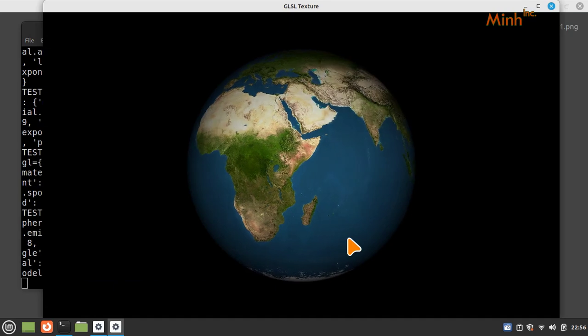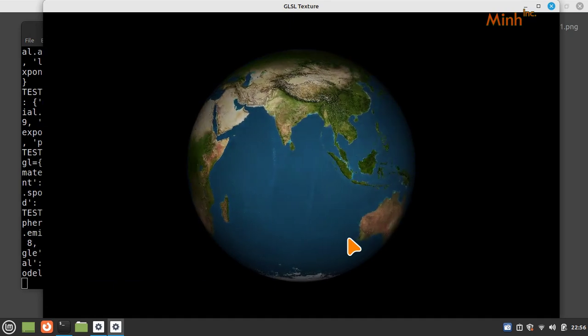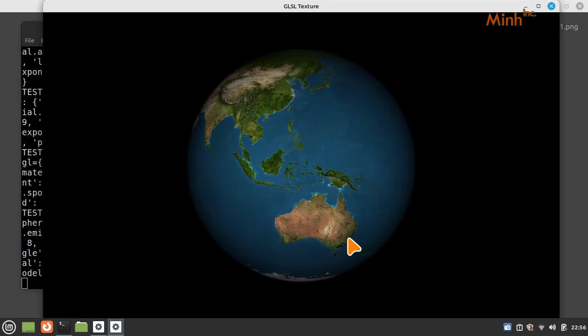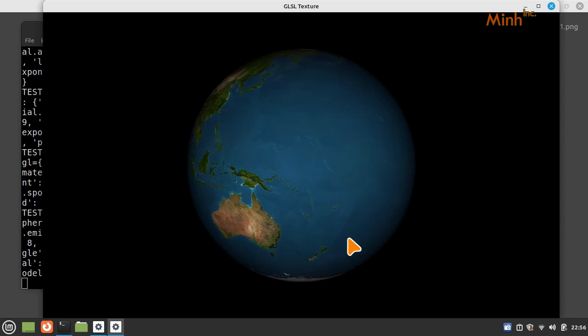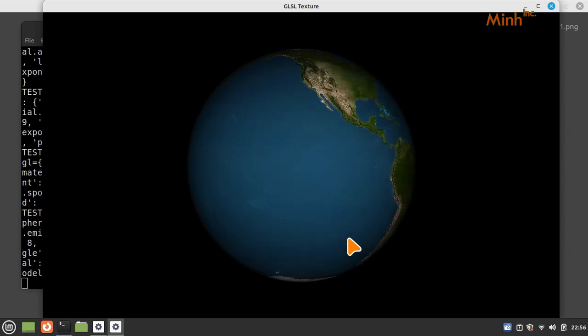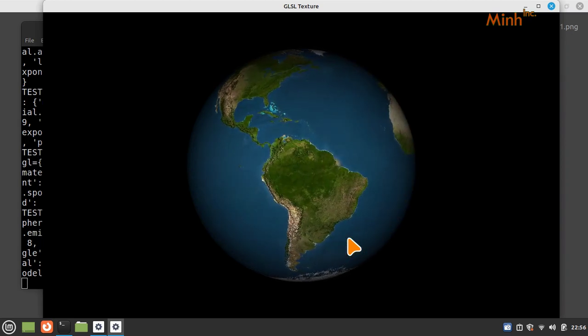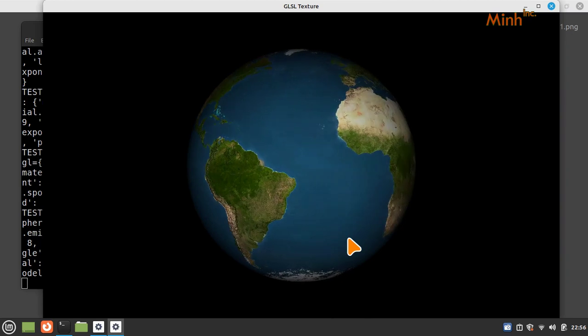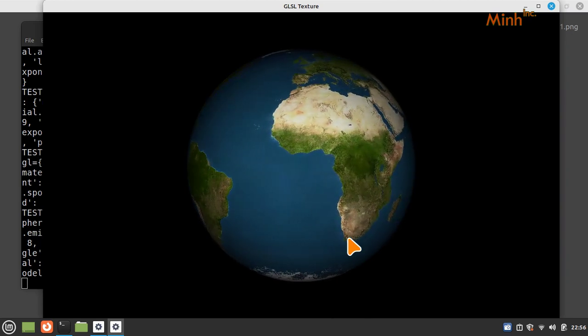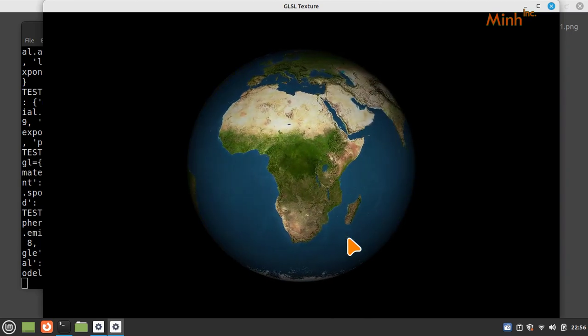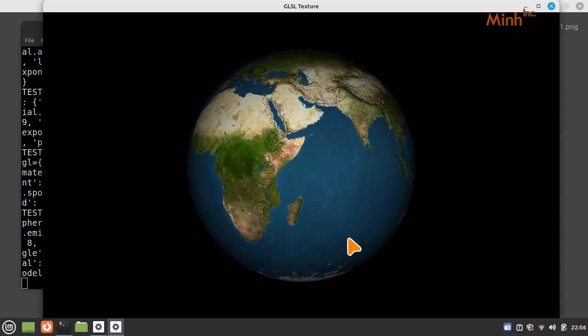So it reached Africa. It is crossing India, Australia. So this is one round completed. It has to complete 2 rounds. Now it will be damn slow. So it is slowing.